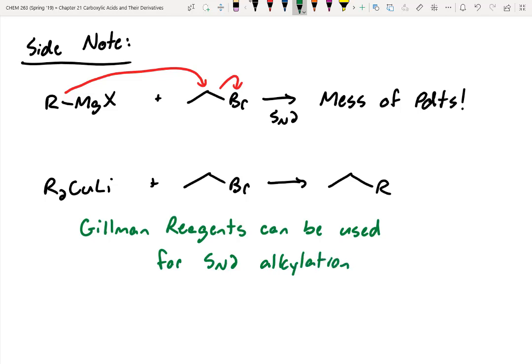Does that make sense? So it's one of those things, you may have seen comments on your exams where I said, don't do this, don't use the Grignard reagent to try to do SN2 chemistry. This is a novel workaround that you can now use though. All right, so that's pretty much it for the acid halides.